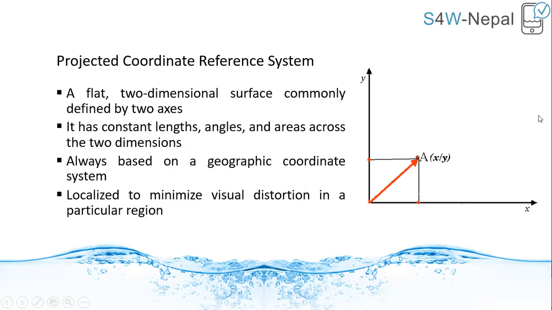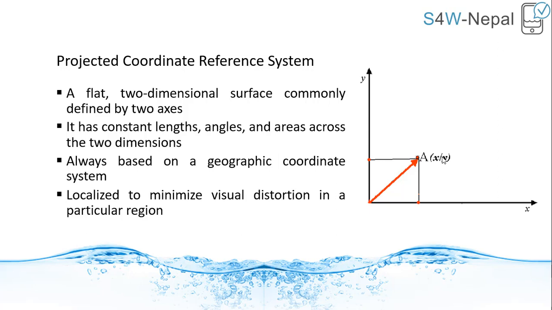Projected Coordinate Reference System. A projected coordinate reference system is a flat two-dimensional surface commonly defined by two axes. At right angle to each other, they form a so-called XY plane, as shown in this figure. Unlike geographic coordinate reference system, a projected coordinate reference system has constant lengths, angles, and areas across the two dimensions.